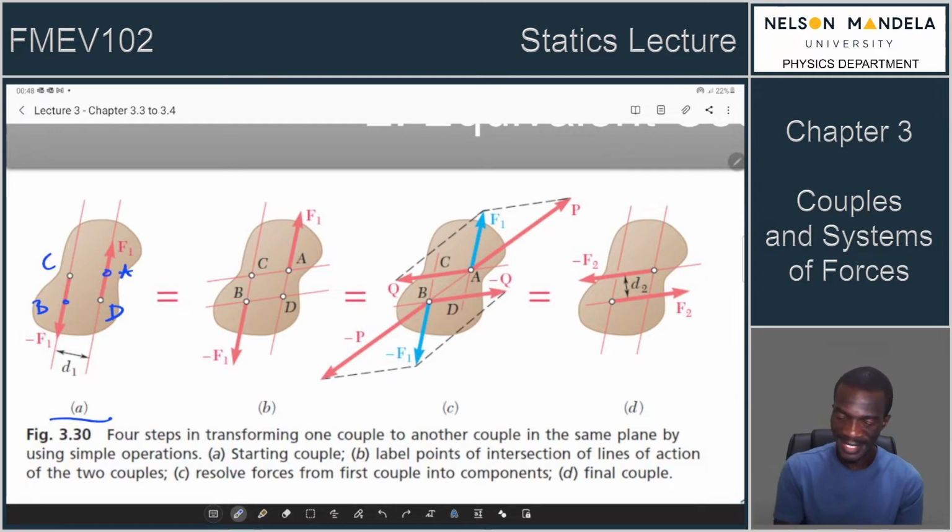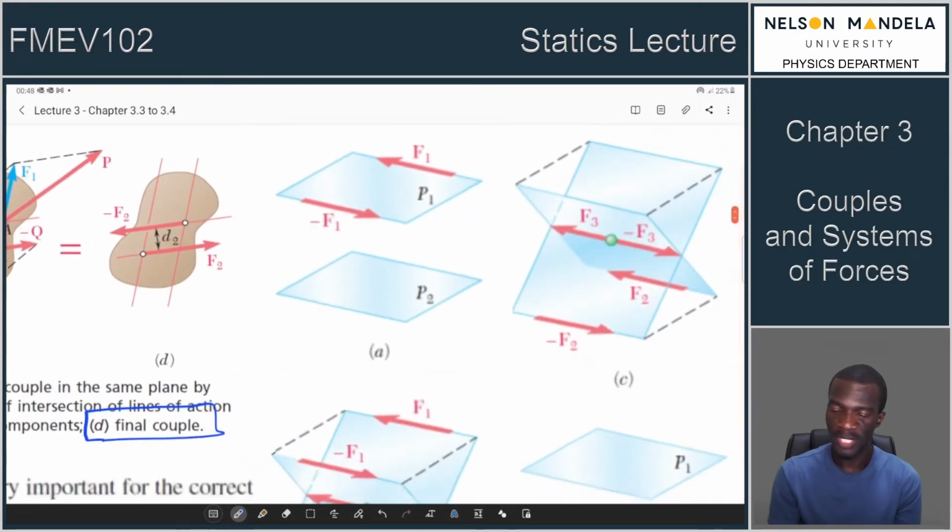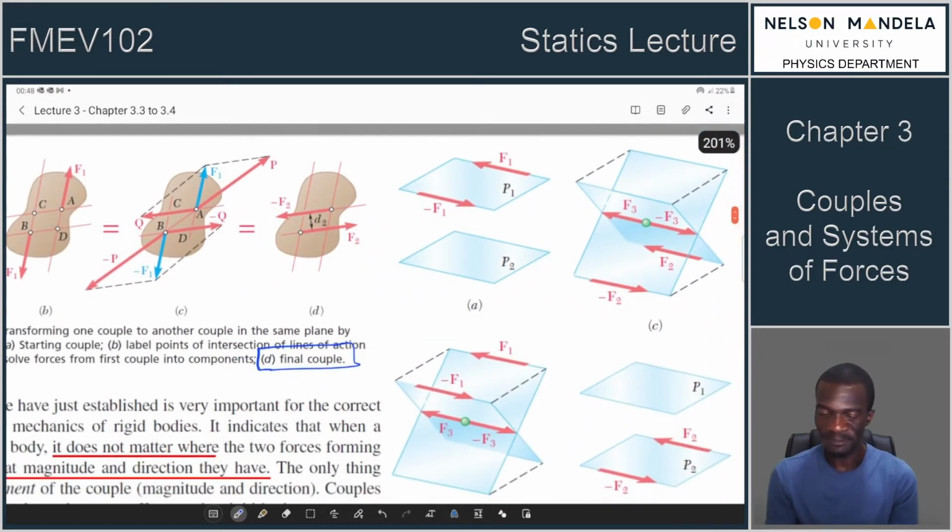So in this example, you can actually find a final couple that is equivalent to the same couple on the same plane by using the principle of transmissibility and resolving the vectors into components. Similarly, you can have a couple that is equivalent to another when these couples are actually at different planes.